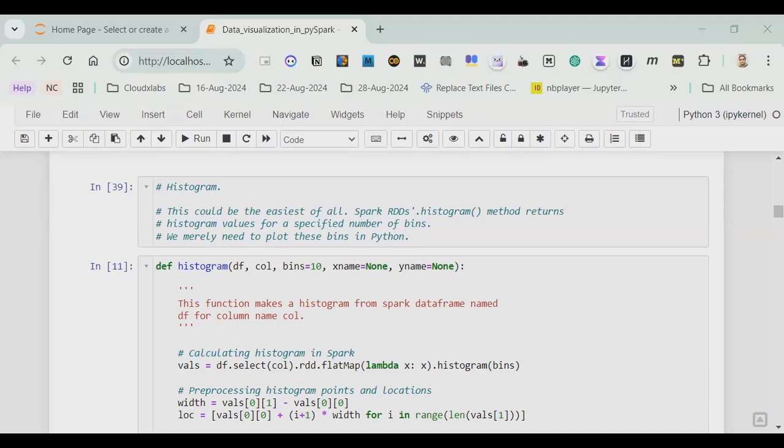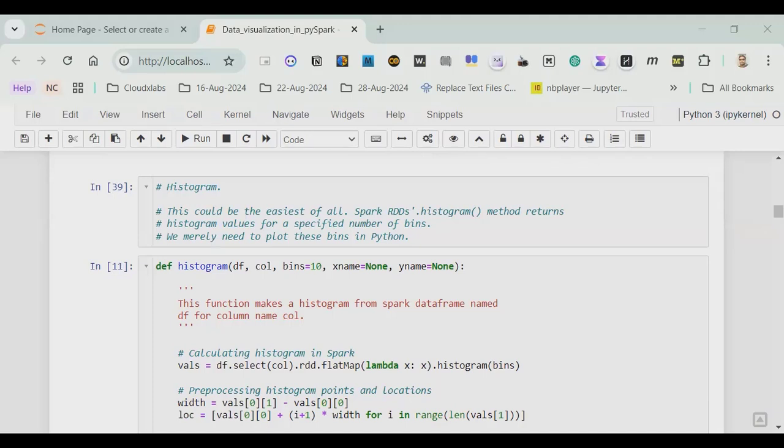In general, whenever we have one variable or a couple of variables and want to look at how the data is distributed, for example ages, we use a histogram.